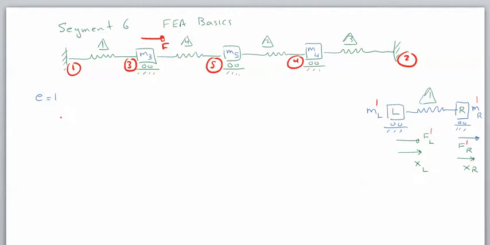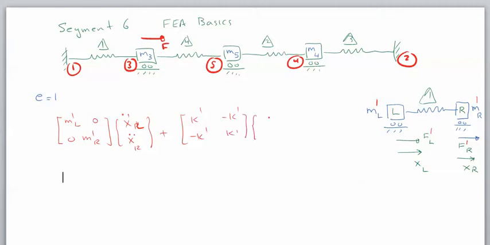So how's the equation of motion? It's very straightforward. It's M1L, M1R, and a 0 and a 0, times XL double dot, XR double dot, plus the stiffness, K1, minus K1, minus K1 and K1, times the displacements, XL, XR, equal to FL1 and FR1.